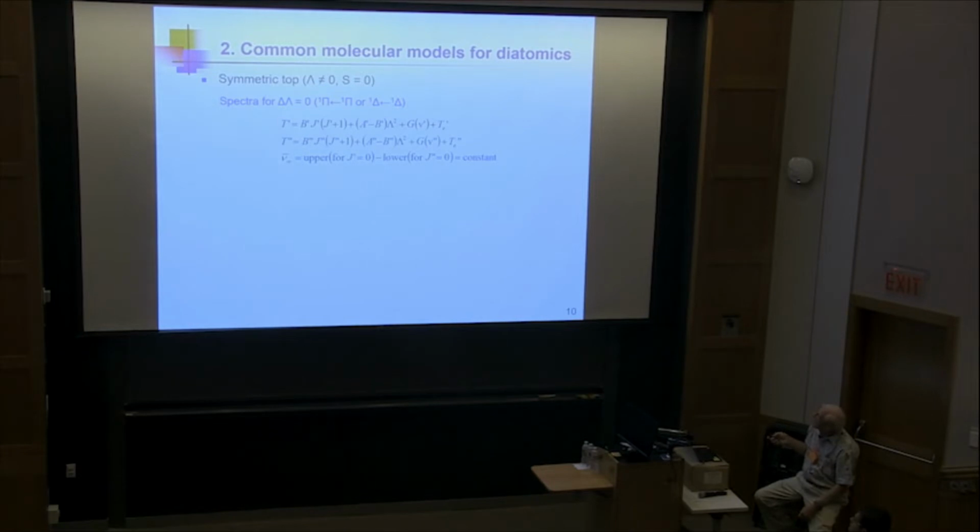And of course, TE double prime, if we're looking at absorption from the ground electronic state, TE double prime would be 0. And the energy of the photon is nothing more than the difference between the two states. So I have a P branch, I've got an R branch, and now I have a Q branch. And as always, you just take the difference between the upper state and lower state.